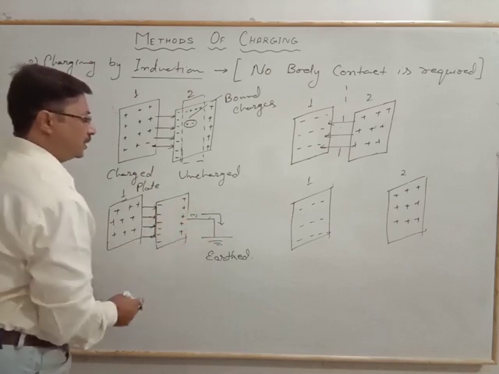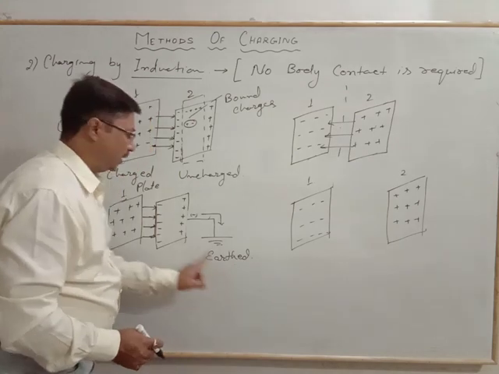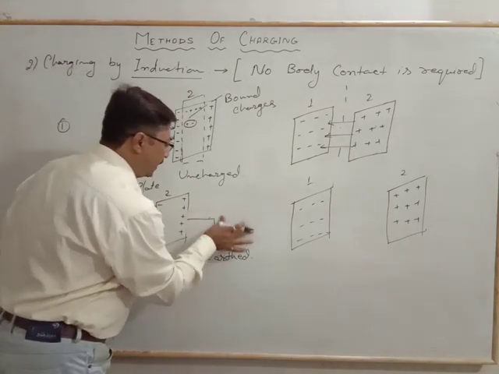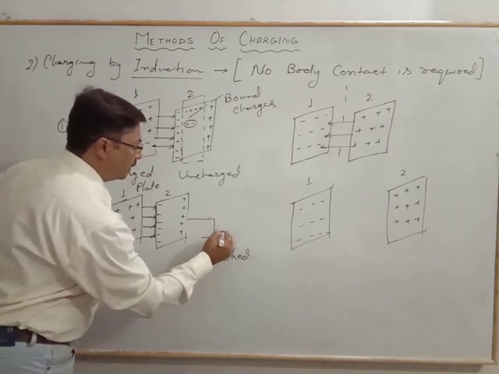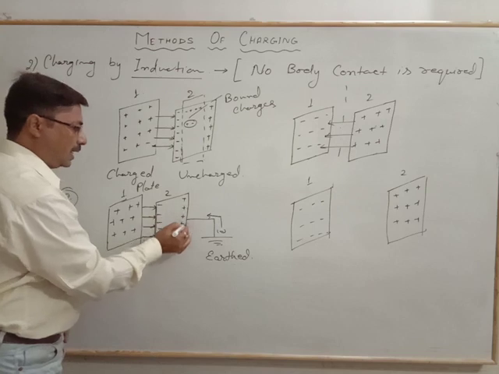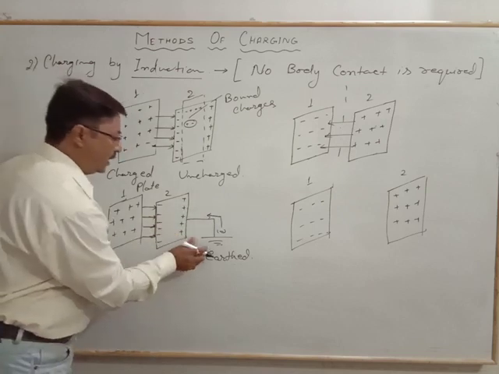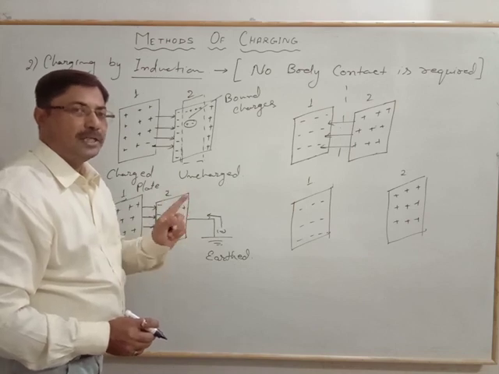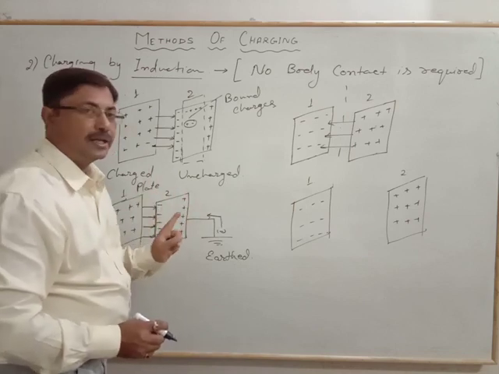Now in this particular case, whenever we make the earth with plate 2, the electron from the earth moves, because as I told earlier, only the electron will move, not the positive charge. Positive will not move, only the electron will move.